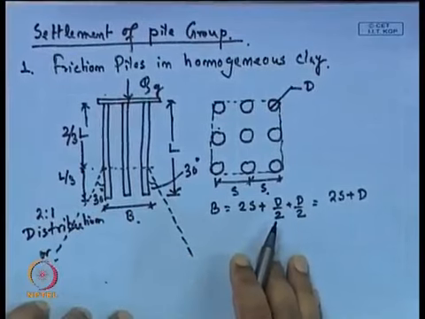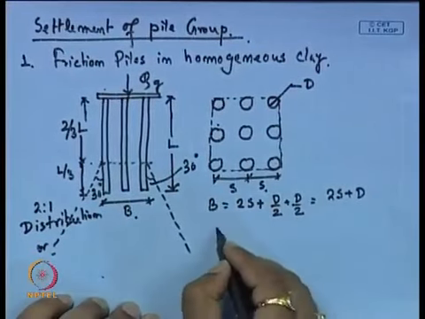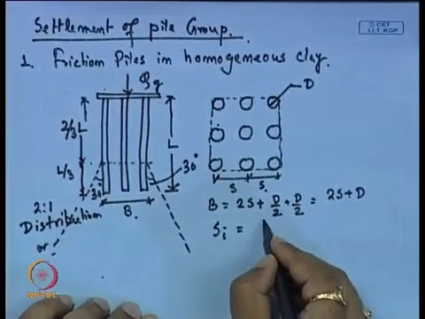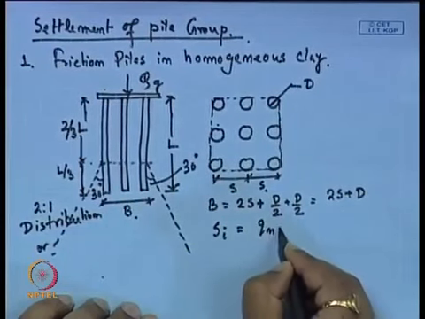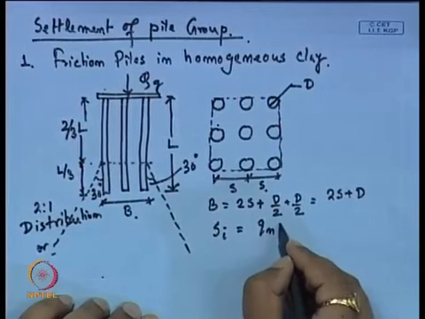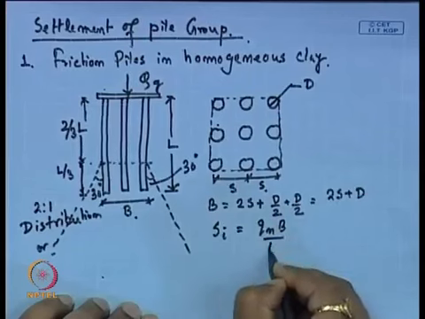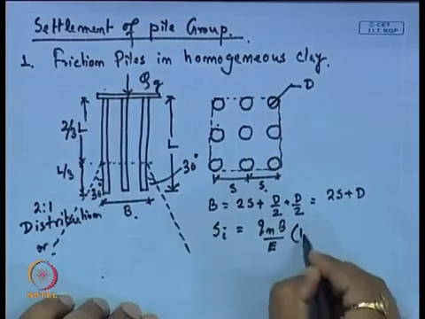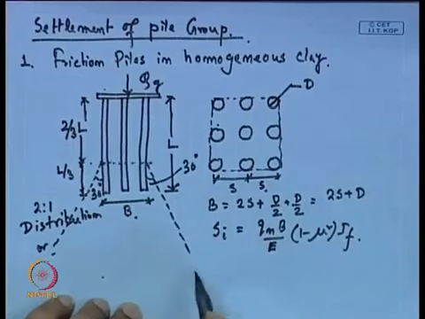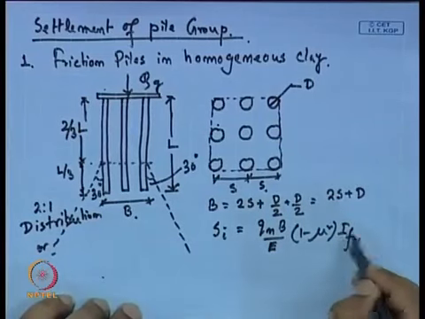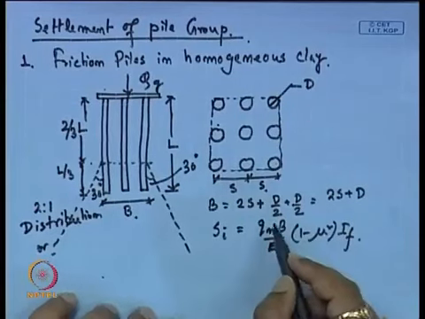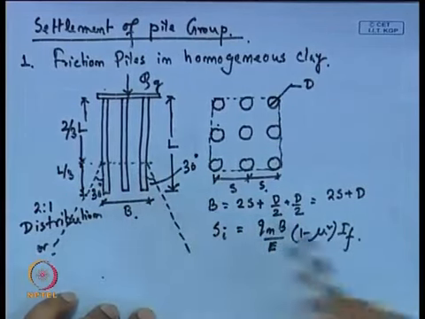Now, the calculation of the settlement is the same as for the immediate settlement, S_i, this value will be again Q_n into B by E into (1 minus mu square) into I_f, where I_f is the influence factor. So, those things are the same as the shallow foundation raft bearing capacity calculation.